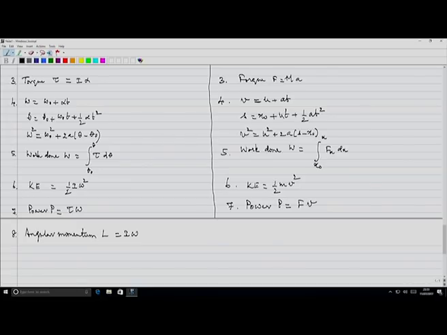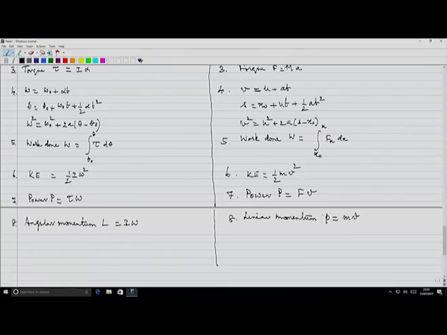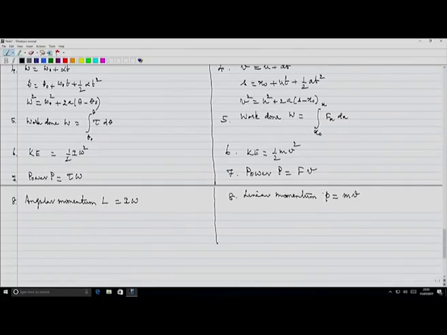Here it is linear momentum P is equal to m into v. Since I am dealing mostly with one dimension here, I am not writing vectors, otherwise one would need to write them. Then this I will cross out here to show that we will be doing it later.